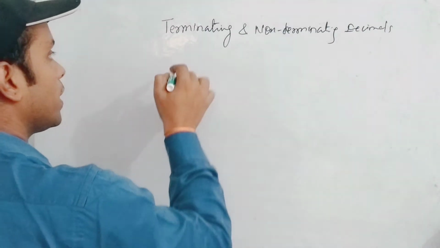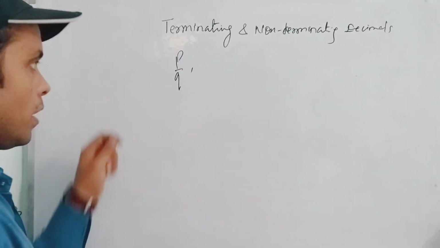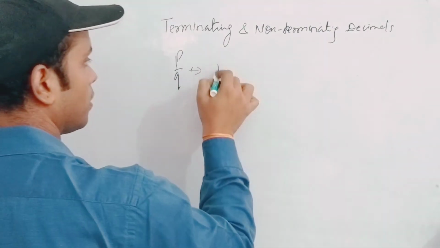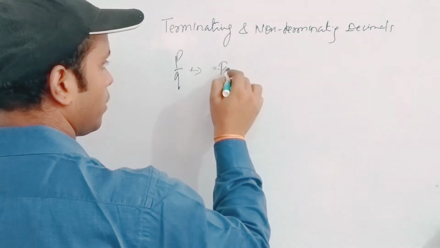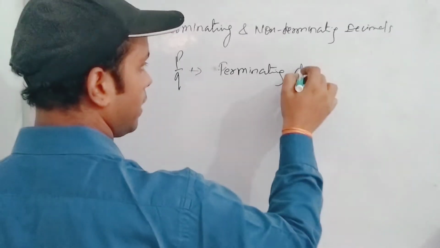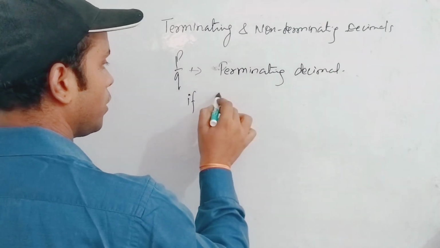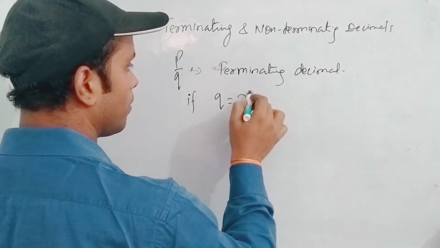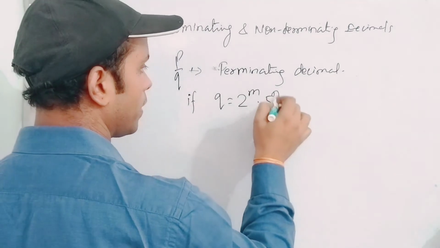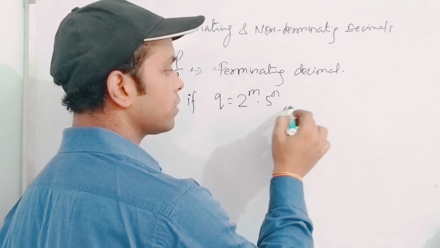If you are given a number in the form of p by q, then if p by q is a terminating decimal, I write here p by q is a terminating decimal if q is of the form 2 raised to the power m into 5 raised to the power n, where m and n are non-negative integers.